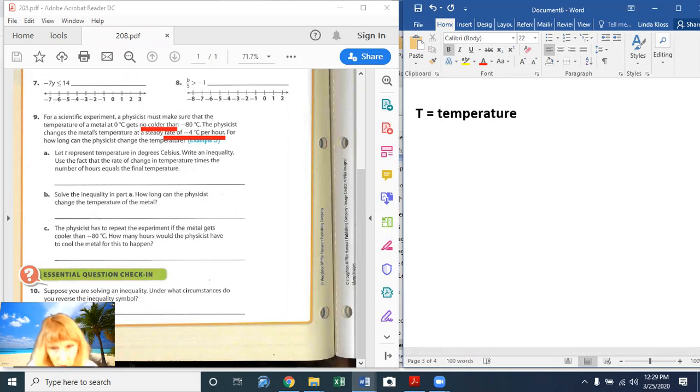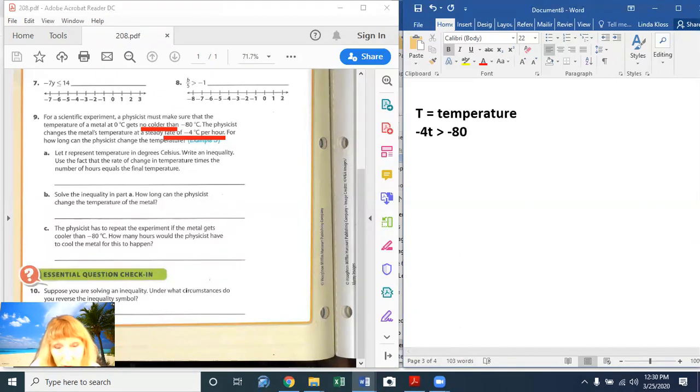So now if I'm going to make an inequality, we know that the temperature goes down by 4 degrees, right? Every time. And it can be no colder than -80. So does that mean it's going to be greater than, right?